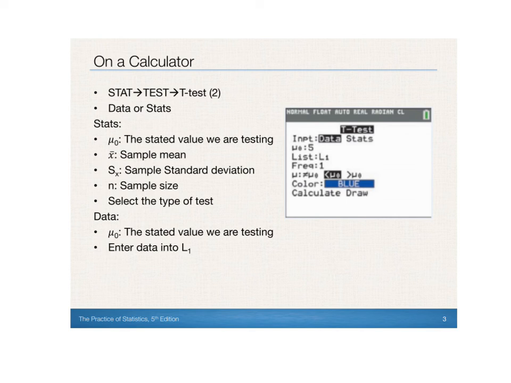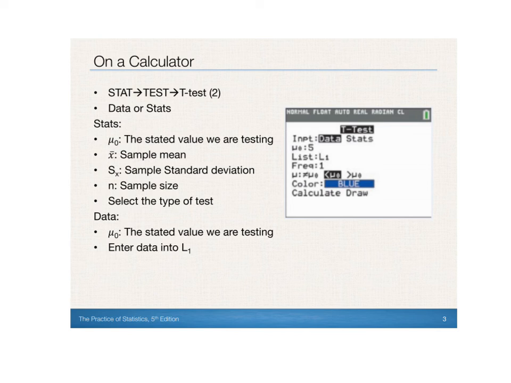For our battery example, that would be 30 hours. That's the assumed baseline. Then you would give your sample mean, in our case, I believe it was 33.9 hours, the sample standard deviation, and the sample size. You would put that in, select what type of test you were doing based on your alternative hypothesis, and then calculate to find your p-value and then conclude.